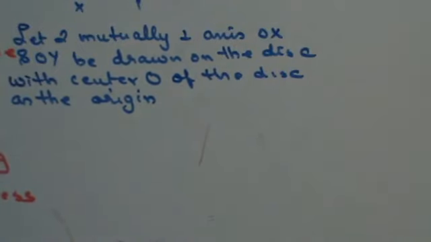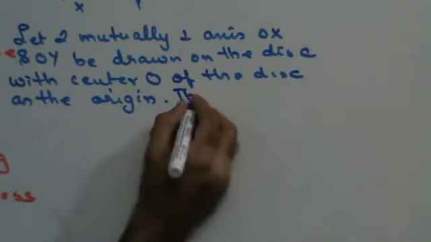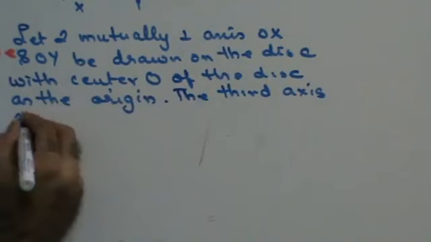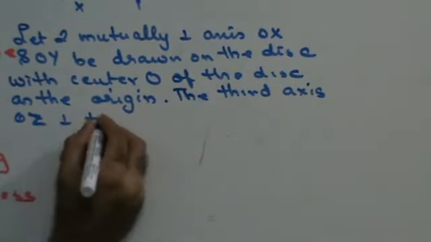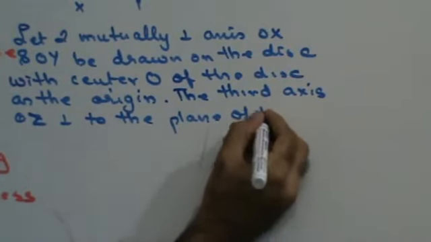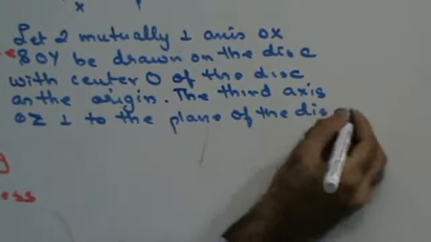Now the third axis OZ is perpendicular to the plane of the disk, right?